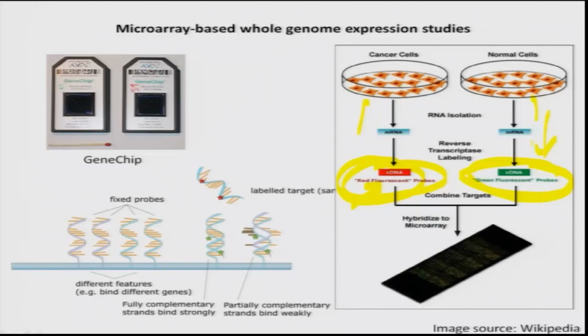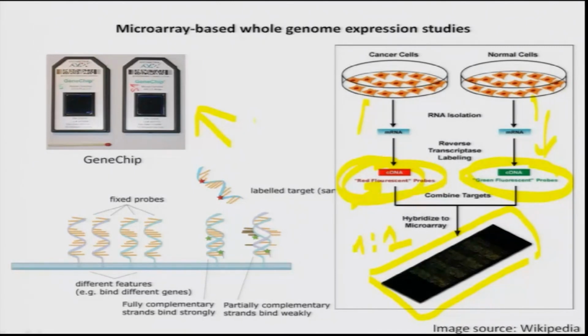Now, I am going to take an equal ratio of these two cDNAs, say for example 2 microgram each, and mix them, and then this is my gene chip, something that is shown here. Now, I am going to hybridize, I am going to allow this cDNA, because now I have got rid of the RNA, we have only single stranded cDNA, which is complementary to the sequences that are spotted there.